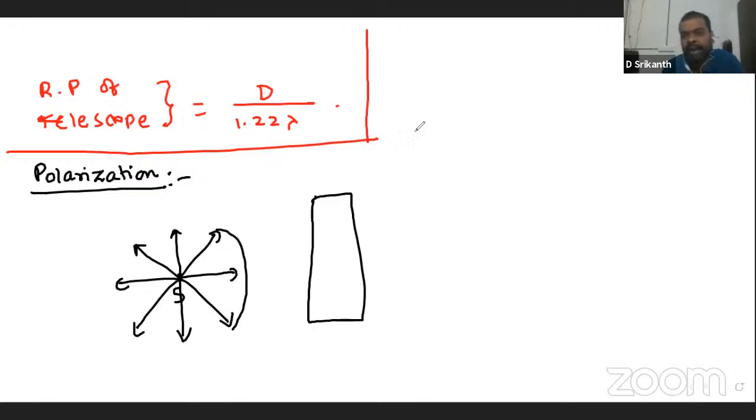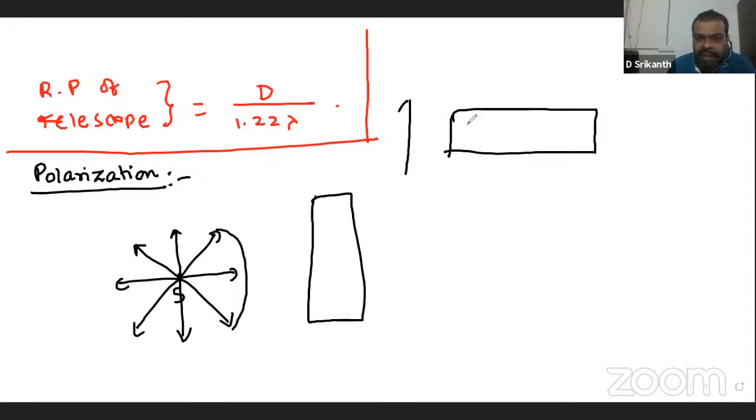Even in magnetism, what we consider is a material. If I apply a magnetic field, then all the dipoles will be aligned along the direction of the field. We call it magnetization.